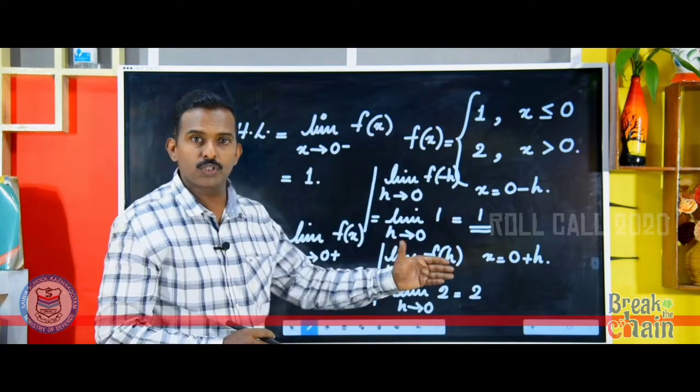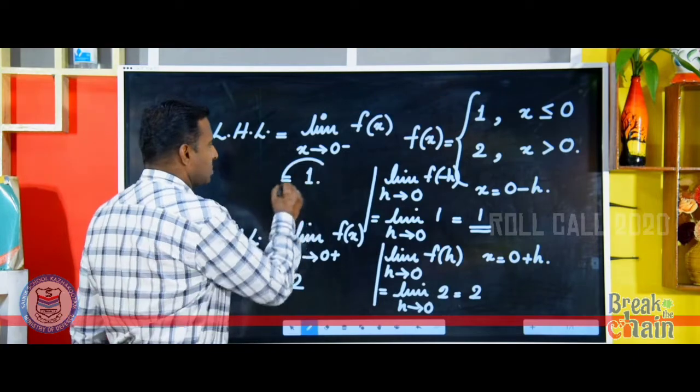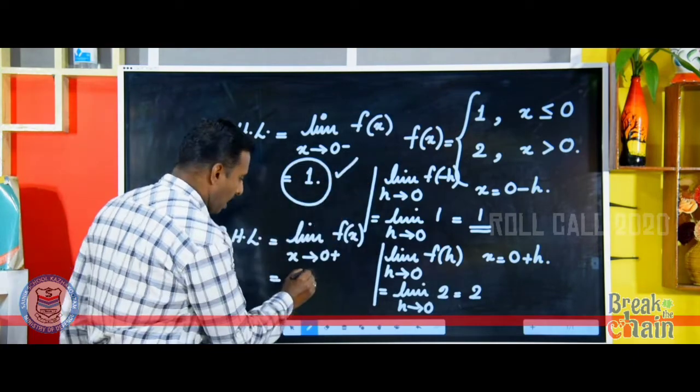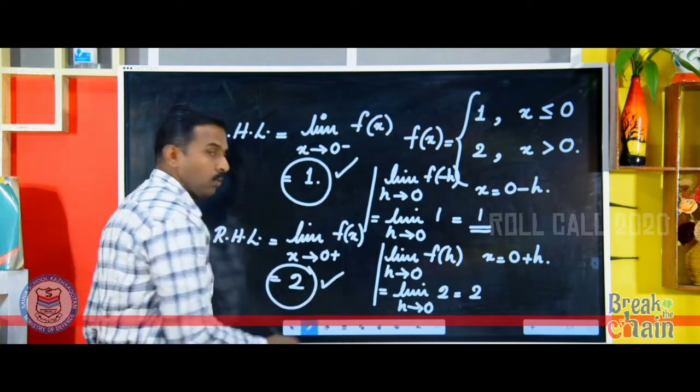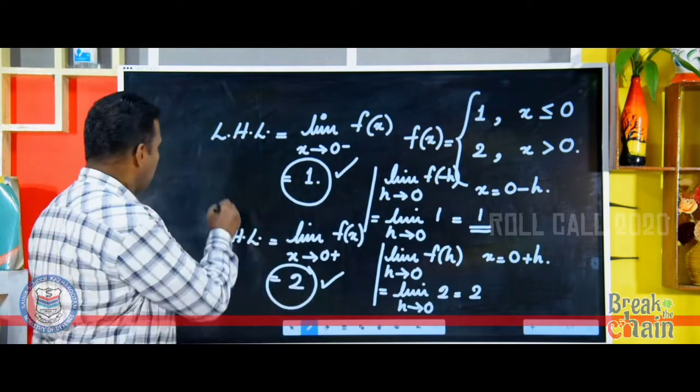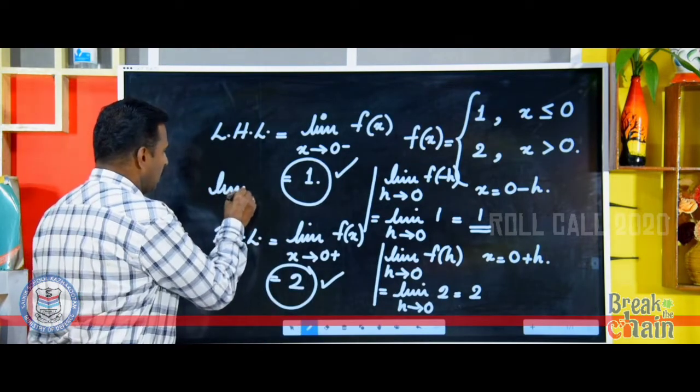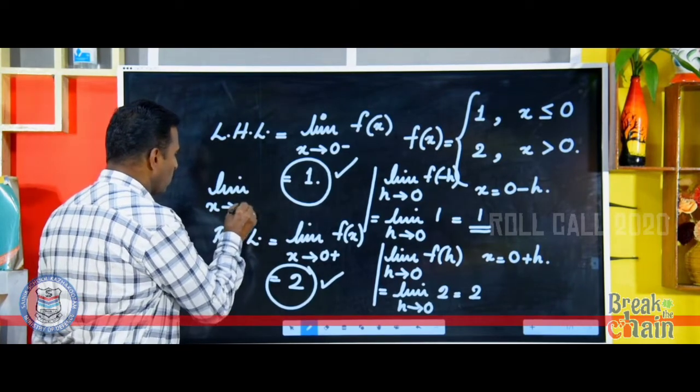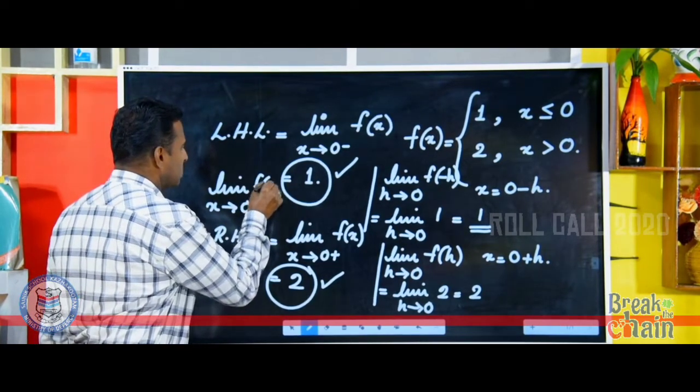Therefore, the RHL is 2. LHL is 1, RHL is 2. What is the conclusion? Limit does not exist. That is, limit x tends to 0 of f of x does not exist.